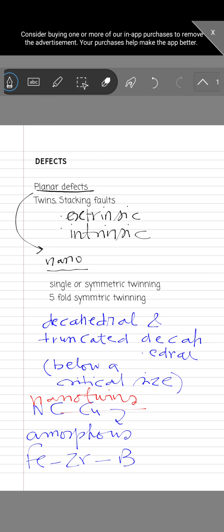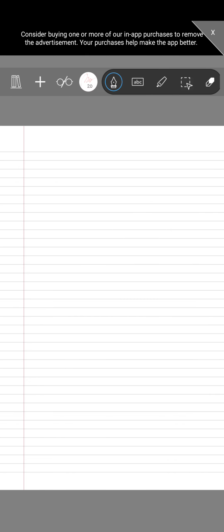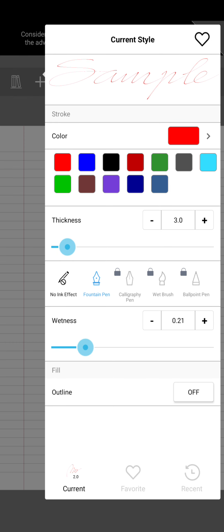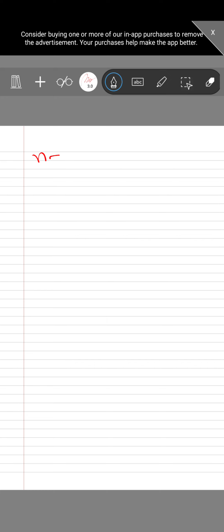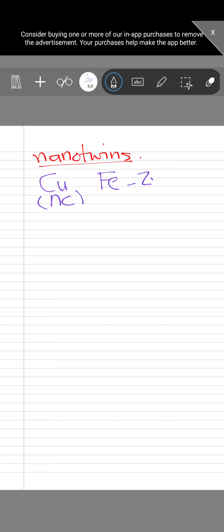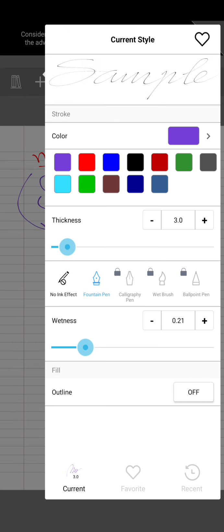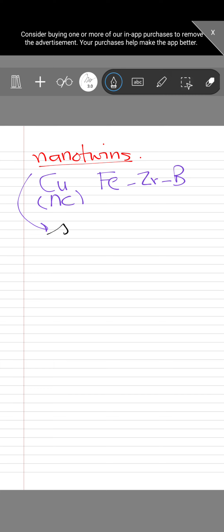So nanotwins are developed when non-crystalline copper particles are embedded in an alloy, and these nanotwins are due to strains developed in the materials.